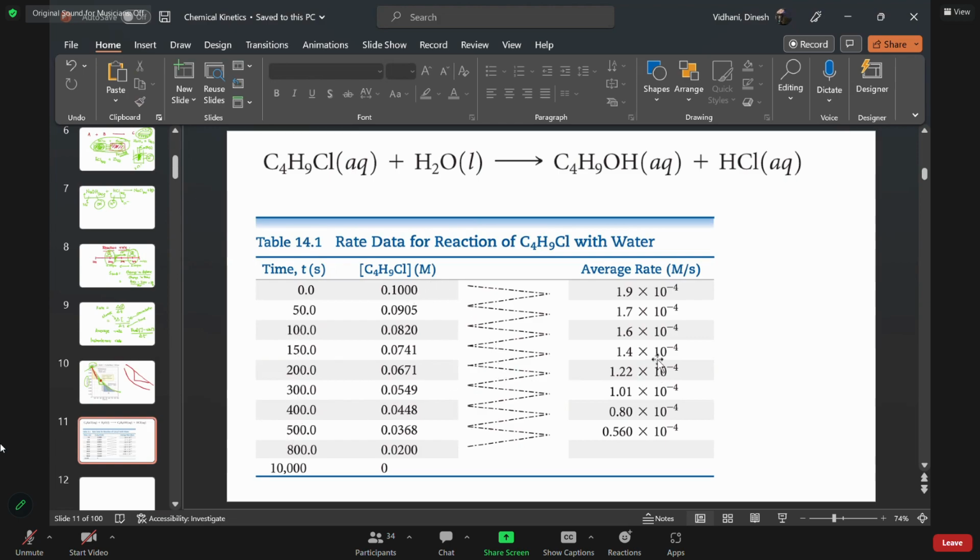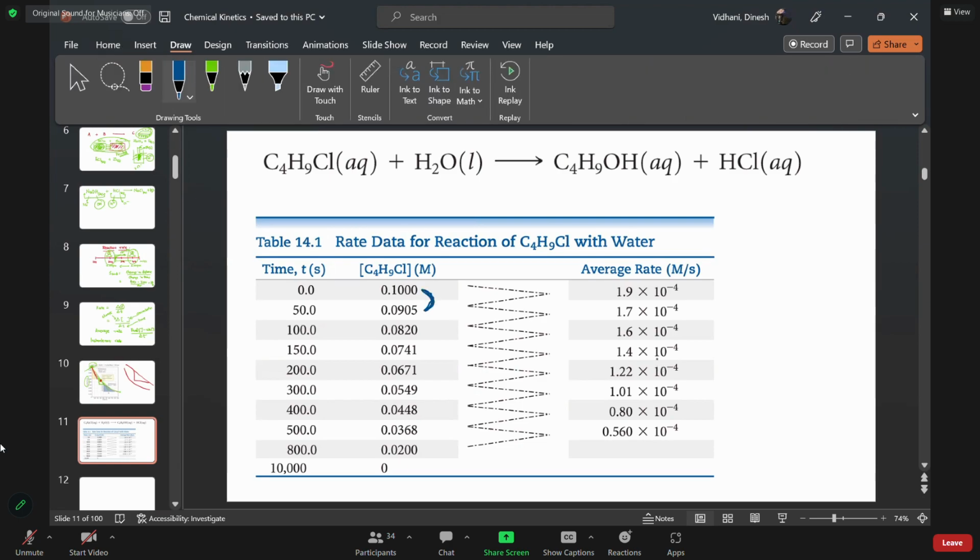And when you find the difference between every point, you can see that difference in concentration divided by time. So that would be the change in C4H9Cl divided by time. That's what we are trying to find here, right?